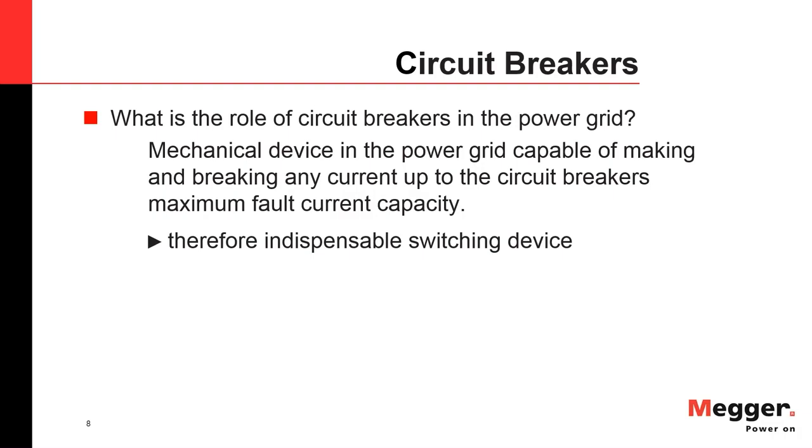It's indispensable. To illustrate this, there are a lot of other switching devices in the grid, like fuse disconnects and earth switches and whatnot. You could theoretically replace all of these with circuit breakers.